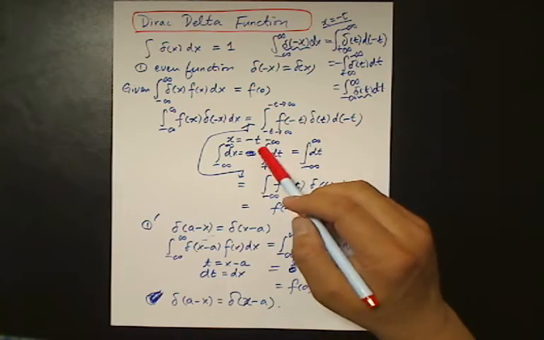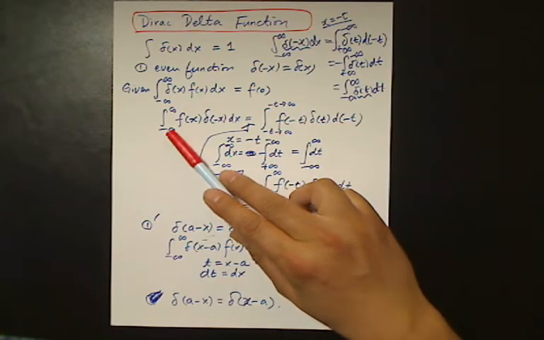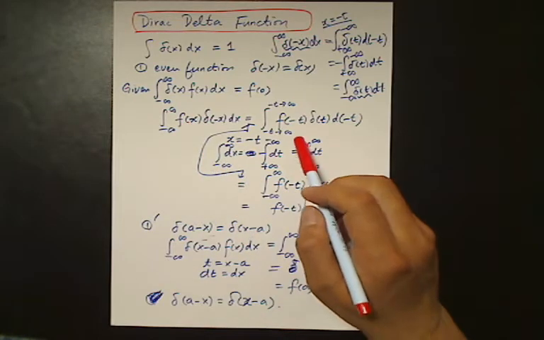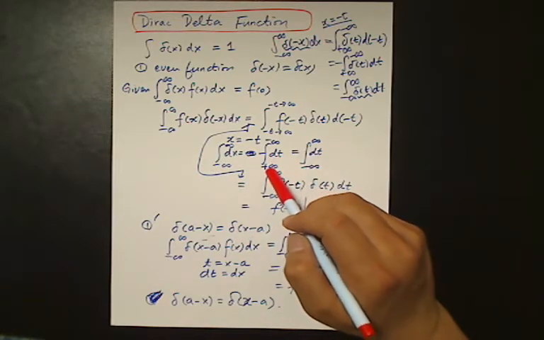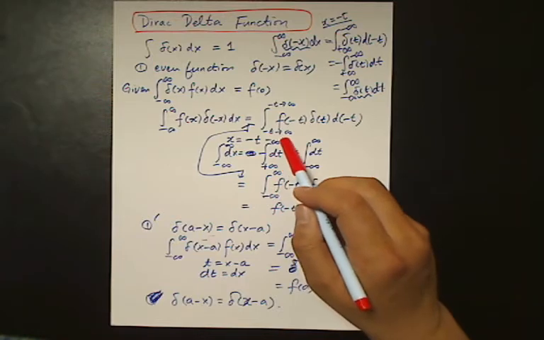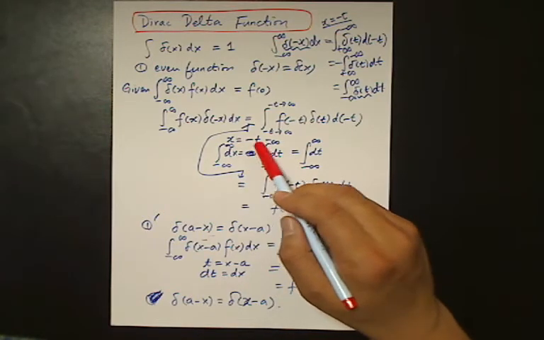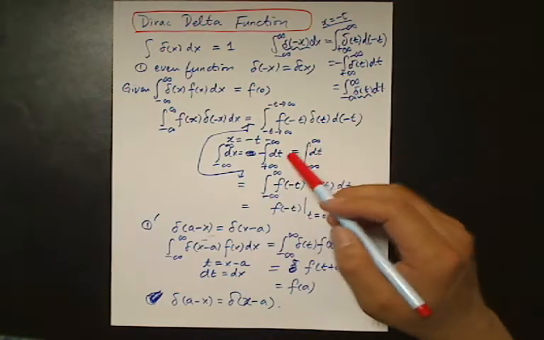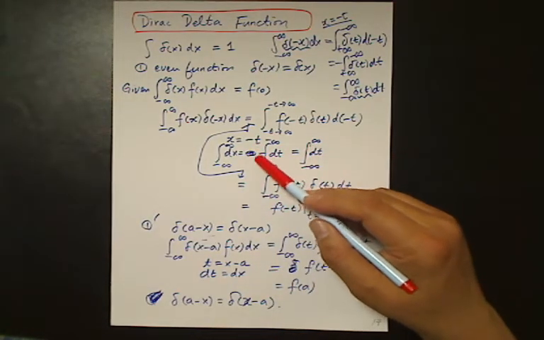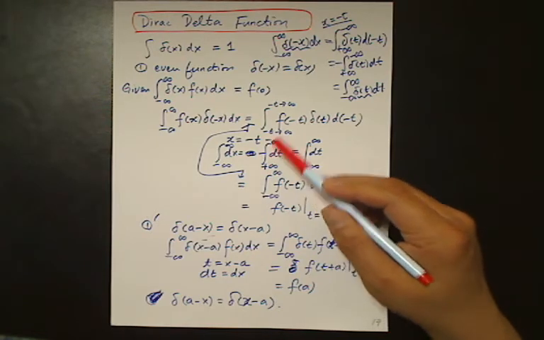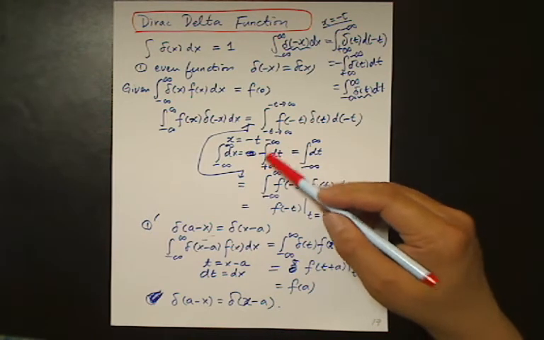Because this integral goes from minus infinity to infinity, the t integral is from plus infinity to minus infinity. But we have a negative sign because this has the opposite sign. So absorbing this negative sign into the integral, we can exchange the upper and lower bounds.